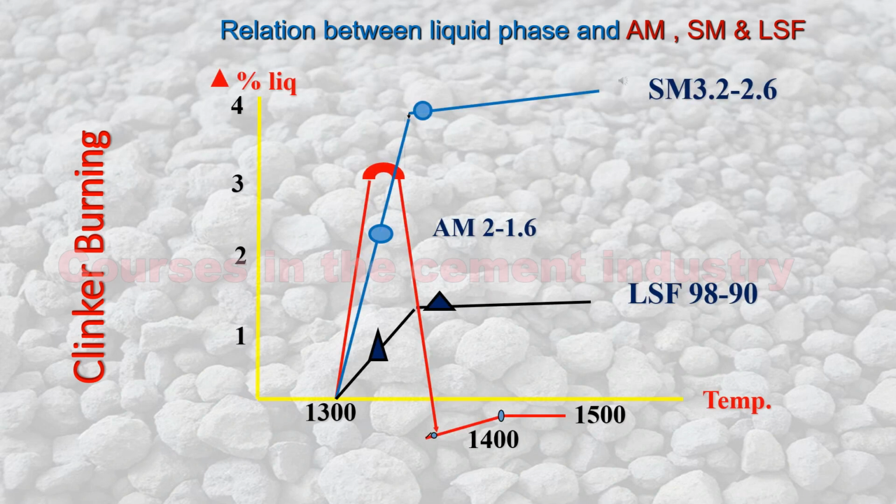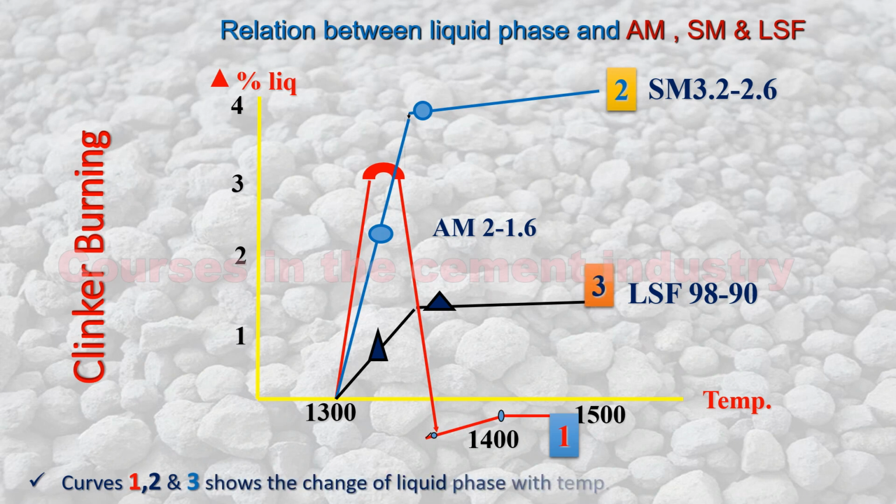Relation between liquid phase and aluminum modulus, silicate modulus, lime saturation factor. This chart explains 1. Curves 1, 2, and 3 show the change of liquid phase with temperature when reducing aluminum modulus, silicate modulus, and lime saturation factor. 2.